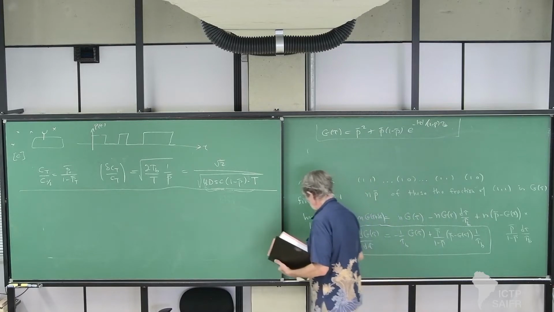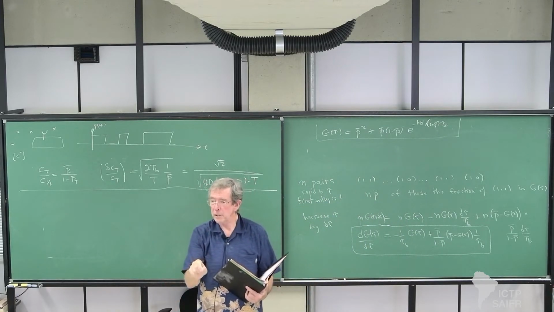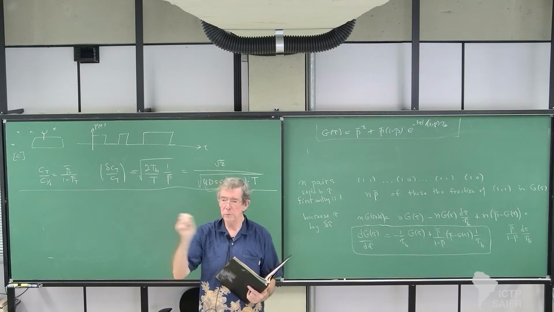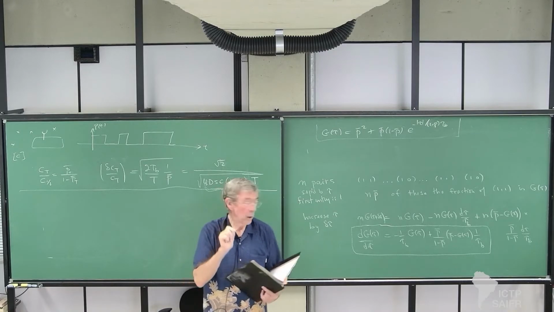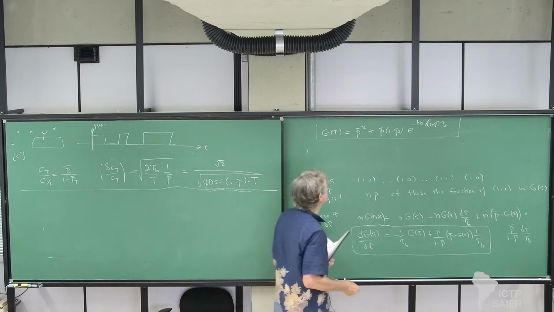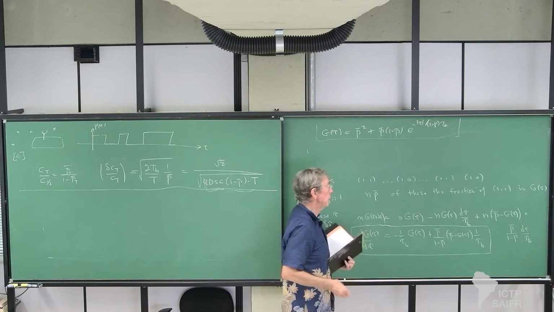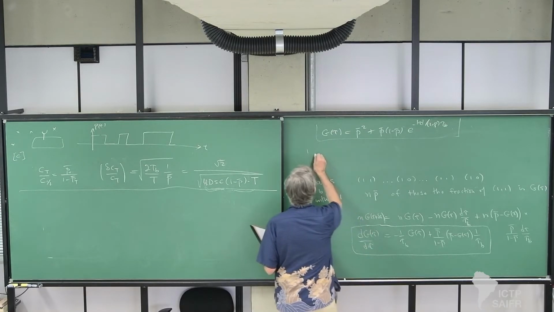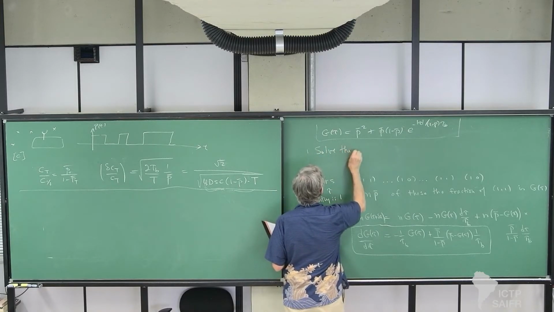You find an integrating factor, you integrate it up, you impose the boundary condition. The boundary condition is that when τ goes to 0, you should get p average. So solve the differential equation.